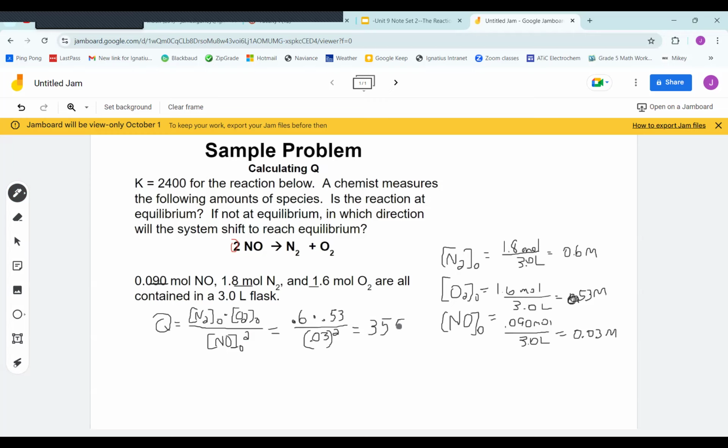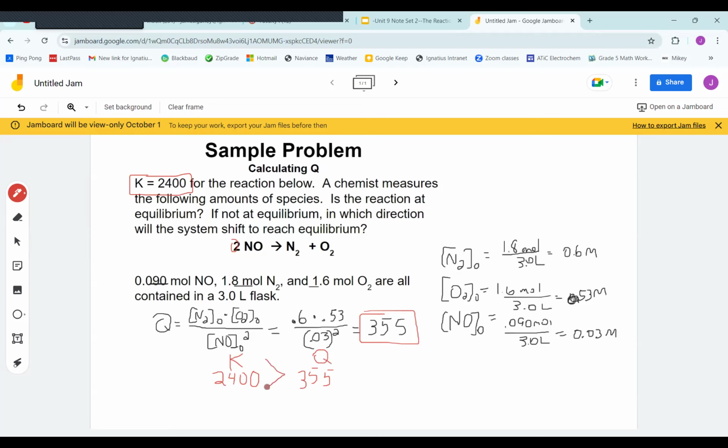And I get a value of 355. Now, you might say, okay, we did a whole bunch of work here. What's the point? The point is we're going to make a comparison between the value for Q and the value for K. Which number is bigger, 2,400 or 355? We know that K is 2,400, and we know from all the information that we were given and some calculation that we did that Q is 355.